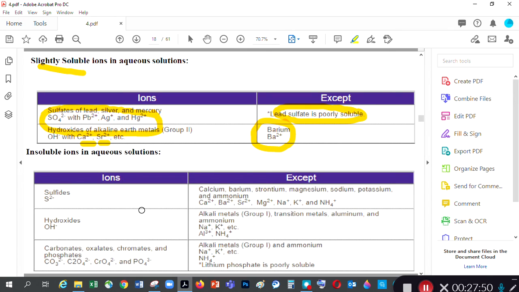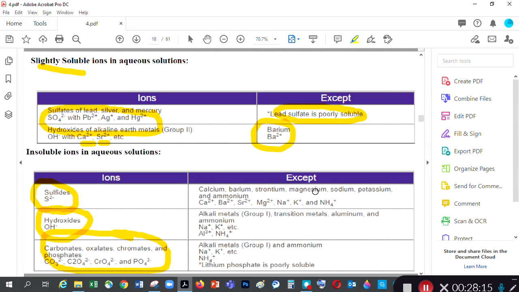So now let's go and look at the insoluble ones. Insolubles are what? Sulfide, hydroxide, and carbonate, oxalate, chromate, and phosphate. All those are not soluble. And there are many other insolubles as well, but those are the very famous ones, ions or polyatomic ions.